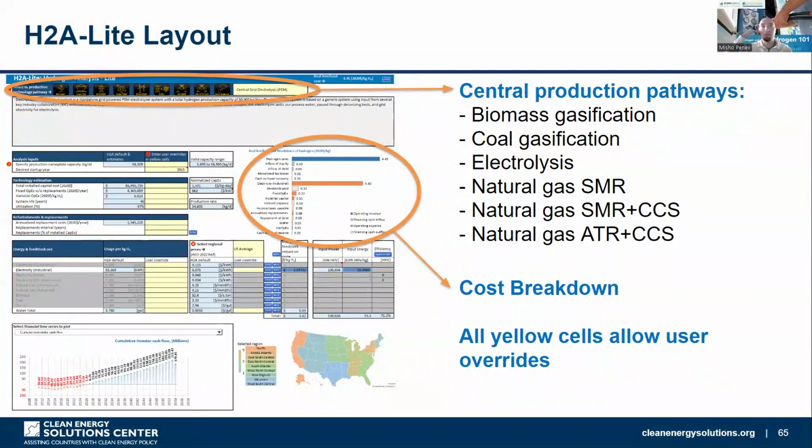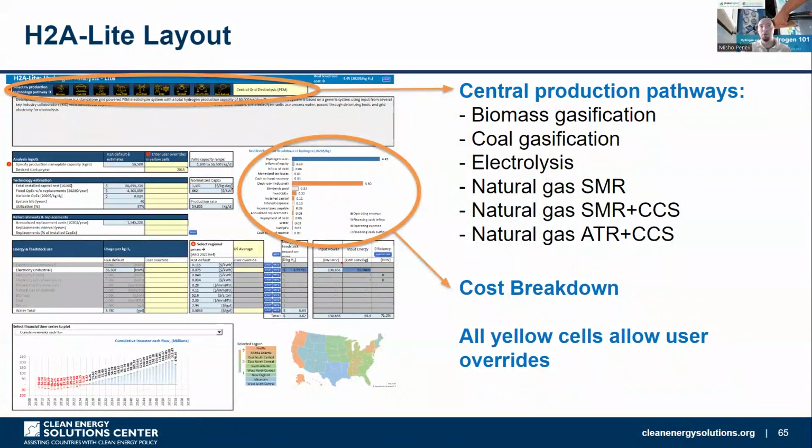As an example, all the yellow cells in here, as well as if you scroll down this Excel-based model, are opportunities for you to override any of the defaults for the pathway. So for example, if you have a more efficient or less efficient or more capital intensive process than what is portrayed in the defaults, you can override that, as well as you can override cost of electricity assumptions.